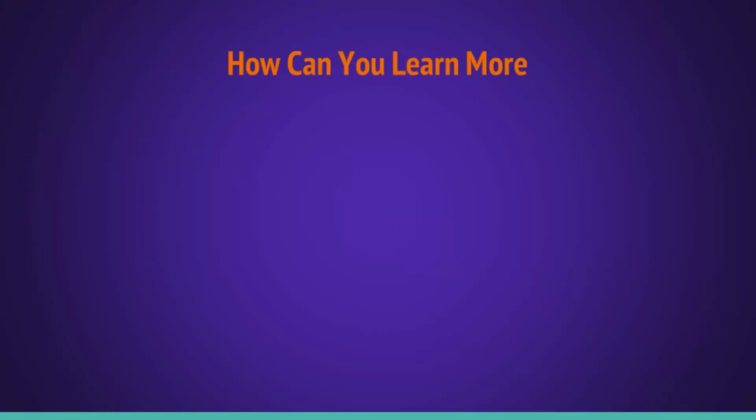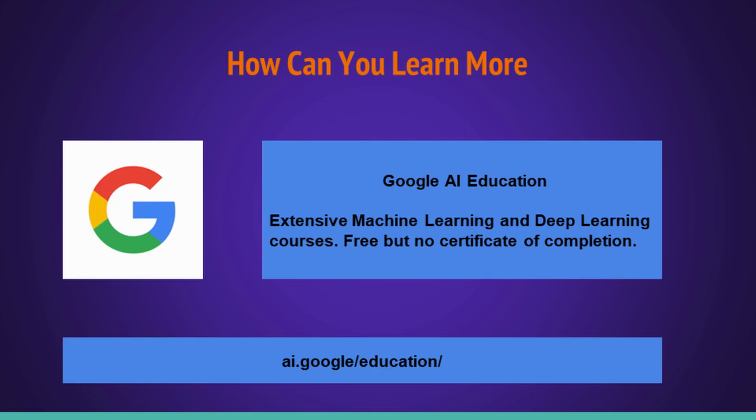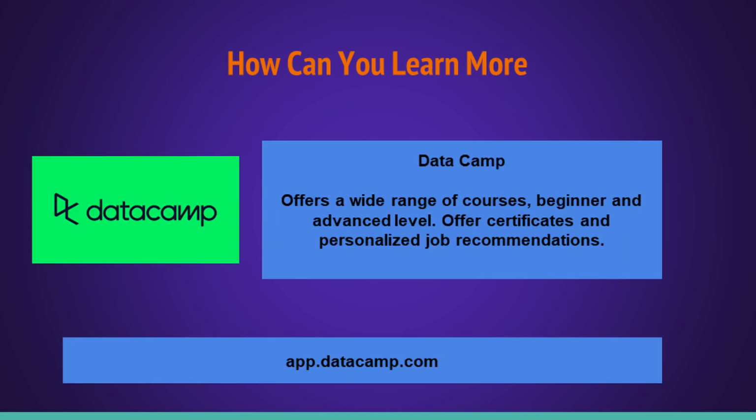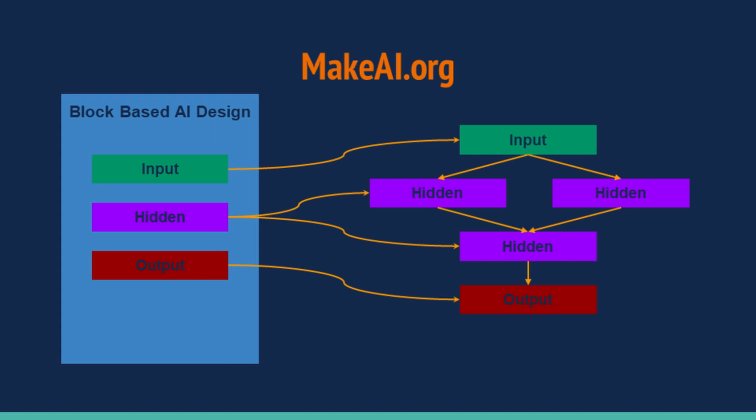So how can you learn more? Well, of course, Google has something, right? They have everything. There's also DataCamp. It's more specialized. You can get a certificate, but it's pretty expensive. And there's also a new website, Make AI. Have you ever heard of Scratch? Make AI is the collaborator for our slides. They want to make it easier to learn AI. Using block-based design, you can build your own AI on the web and train it on your own data.